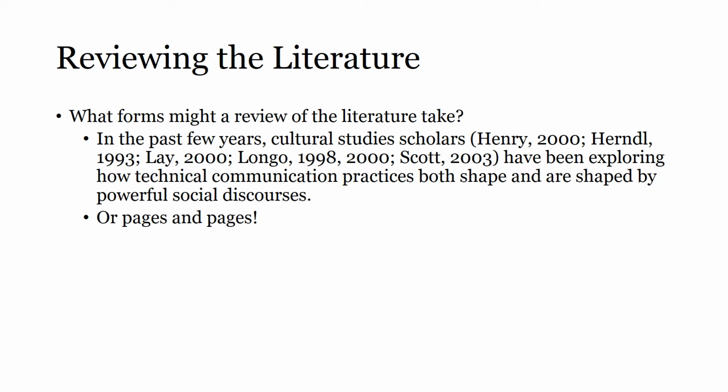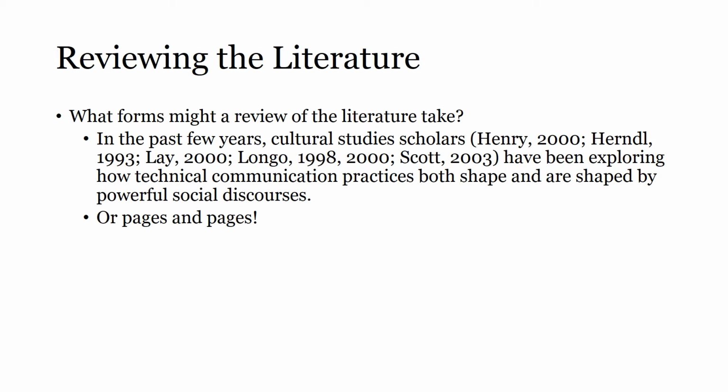And if you're writing on something that a lot has been written about, say Aristotle or Shakespeare, then your review of the literature might be quite long. As a matter of fact, with something like Shakespeare or Aristotle, you might want to take that and narrow it down to just a particular aspect of the scholarship on those authors, by a particular play or a particular work that you're dealing with, or even a particular subject within those works.